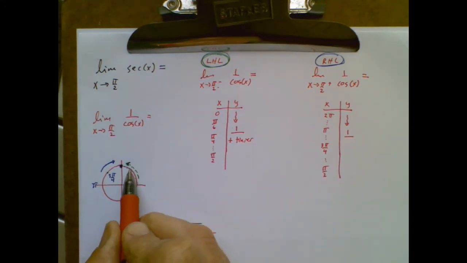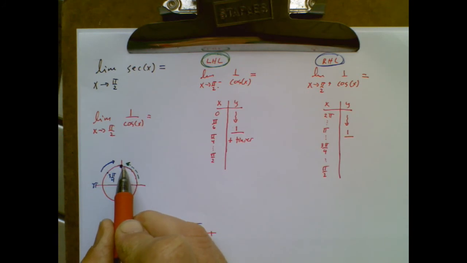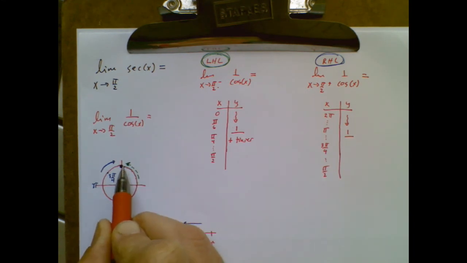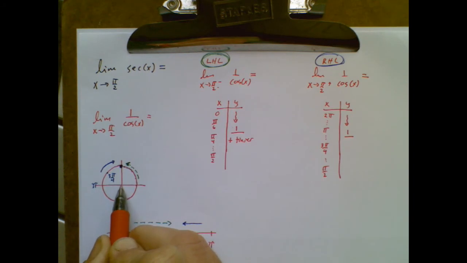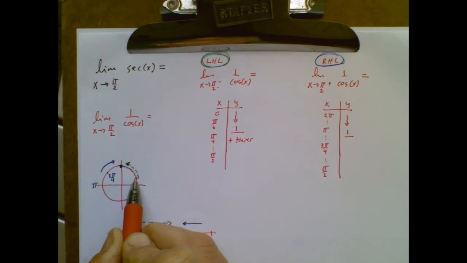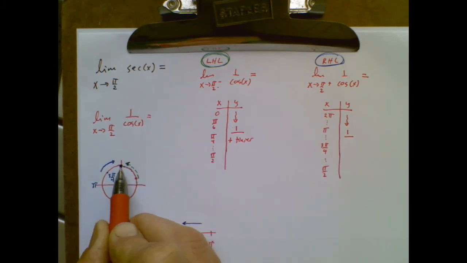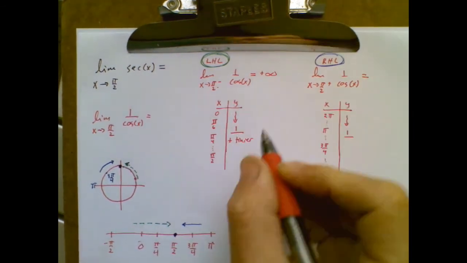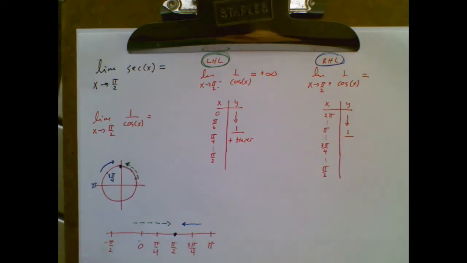As I'm going down this part of the unit circle, all of those spots, my cosine, which is my left and right component, is positive, because each one of these is to the right of the origin, but they're getting smaller and smaller. When I'm here, my cosine is pretty far to the right. When I'm here, it's just barely to the right. So this trend gives me positive infinity.